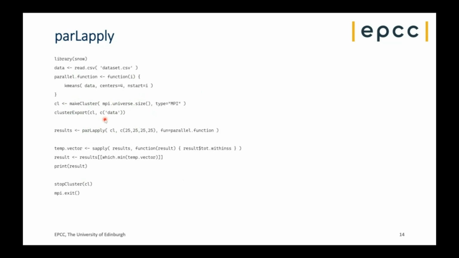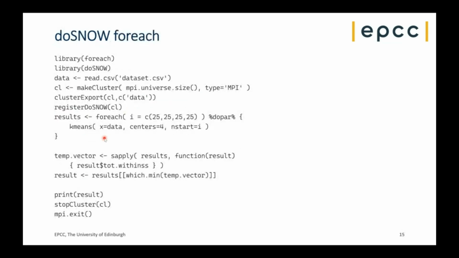So we're now starting to get to functionality where you can use more than a single node, where you can parallelize over many nodes. Now snow by default is built on top of MPI, so it has functionality to interface with R running as an MPI job, as a distributed memory job, and it just picks up the workers that have been created there already. This assumes you've run R in parallel using an MPI job launcher to start it up, and then it can pull that functionality in here.